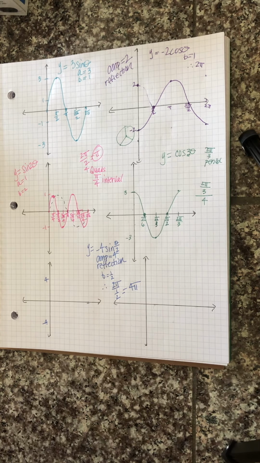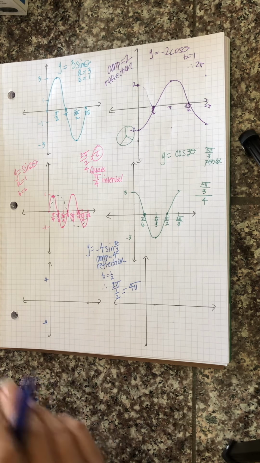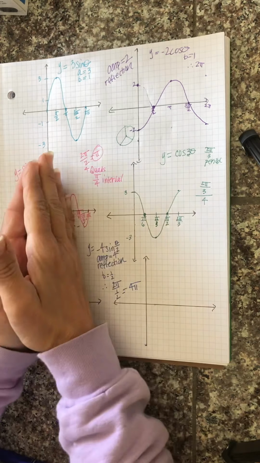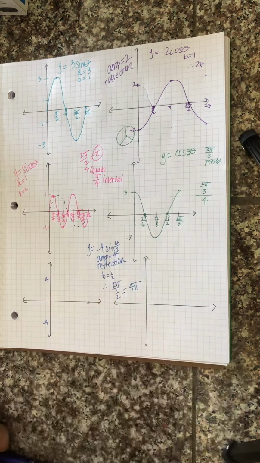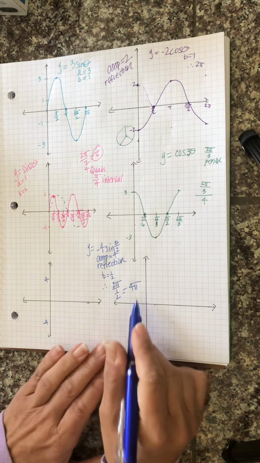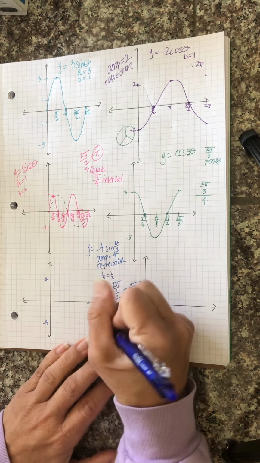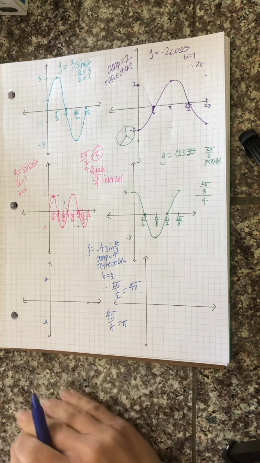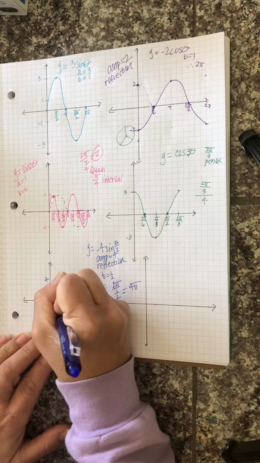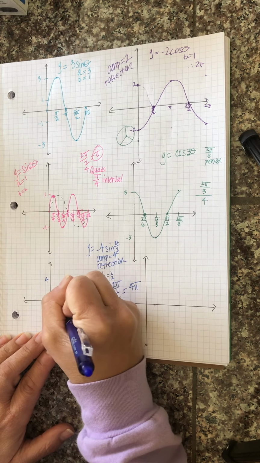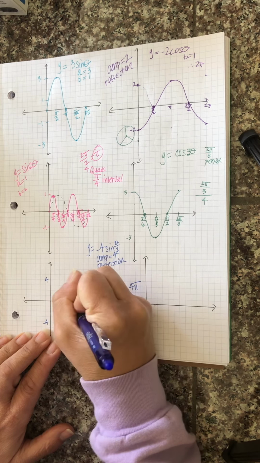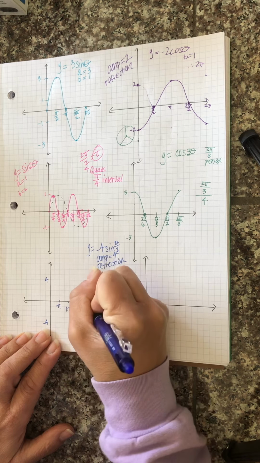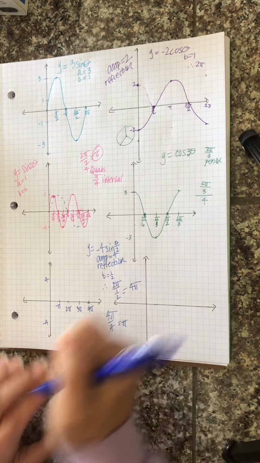So this wave is stretched out. This wave, see how this one was compressed together? This one is stretched out. So your intervals, 4 pi over 4. Those are my intervals. 1 pi, 2 pi, 3 pi, 4 pi.